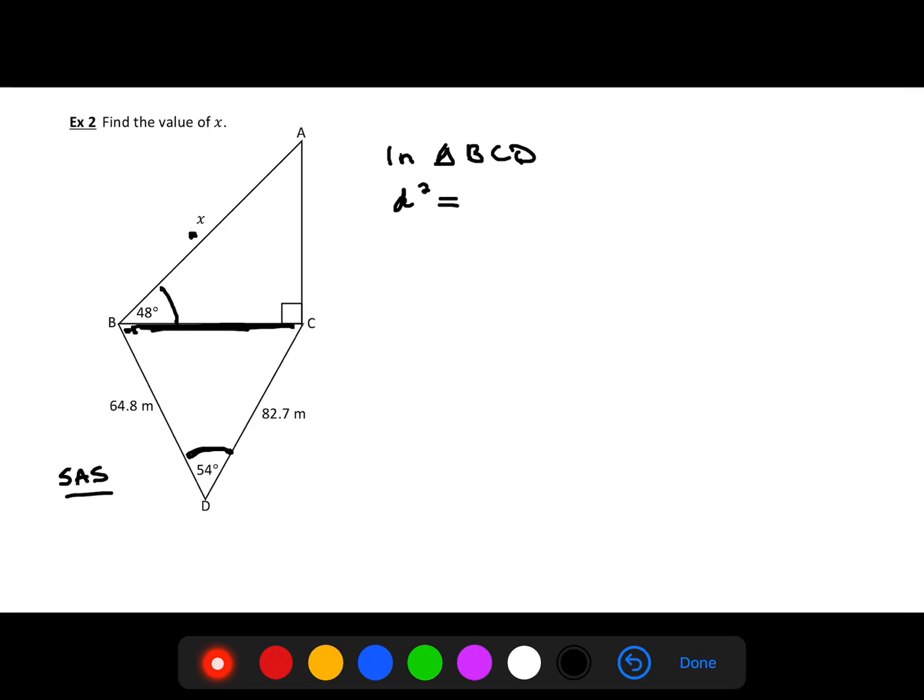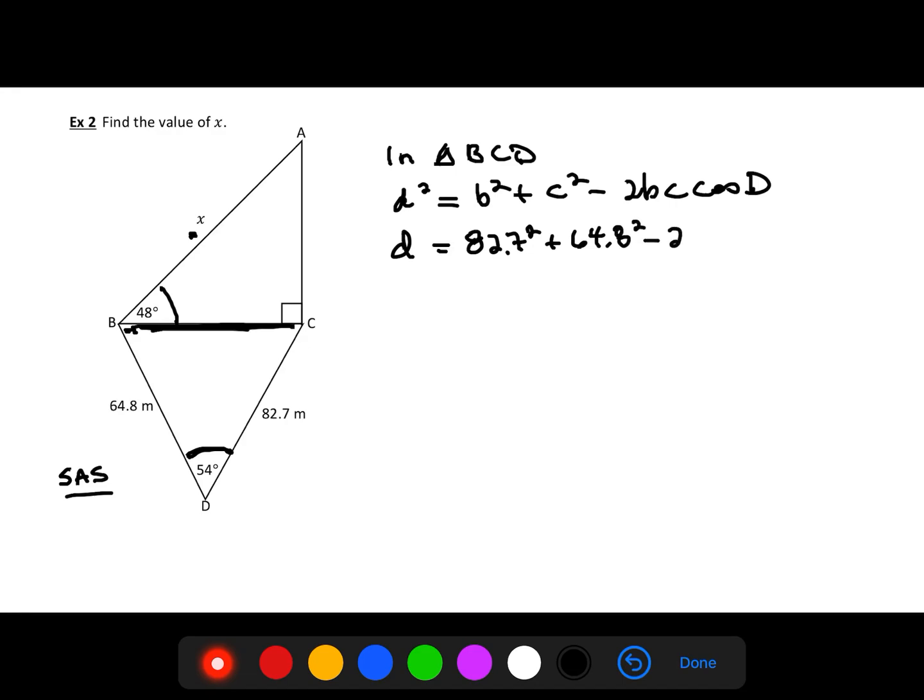So we want to find side D using cosine law. Side, angle, side tells us automatically cosine law. So we're going to find D squared by taking B squared plus C squared minus 2BC cos of angle D.